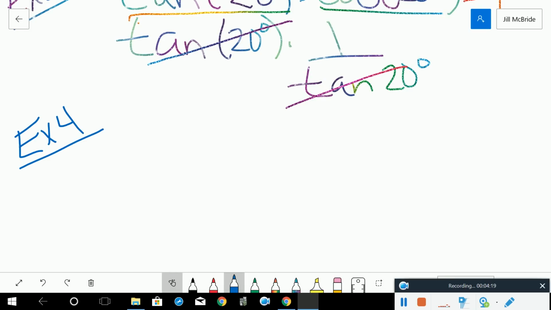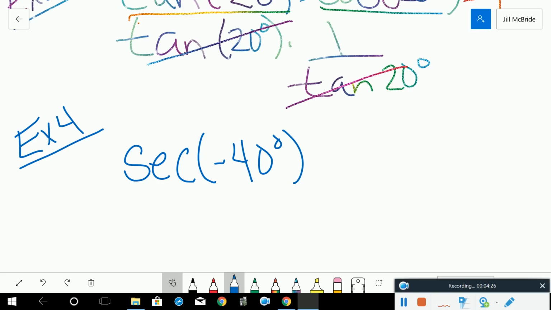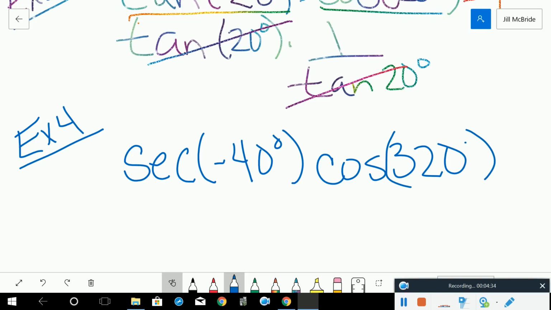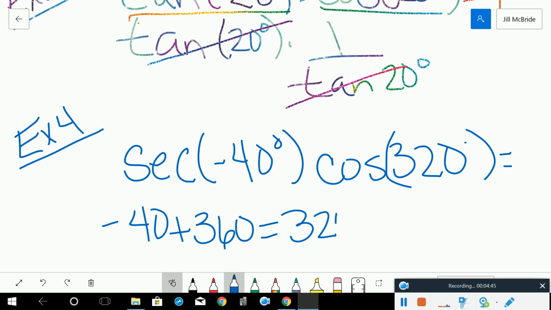Okay, let's take into consideration some coterminal angles. The secant of negative 40 degrees times the cosine of 320 degrees. What does that equal? Well, we know that if we take negative 40 degrees and add 360, we get 320.